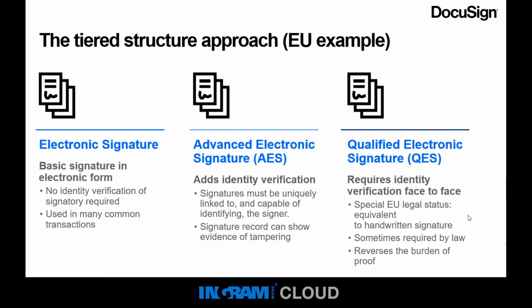And then the next level up from that is qualified electronic signature. This is where it requires face-to-face verification. That doesn't have to be in person, it could be video. So it could be two people verifying through video, or in-person verification if you wanted that as well. This is for special EU legal status, and it's equivalent to a handwritten signature if it's being witnessed by somebody.